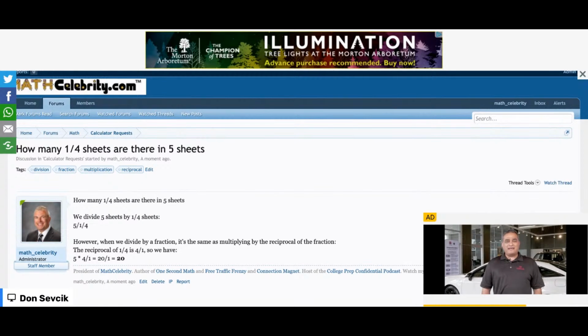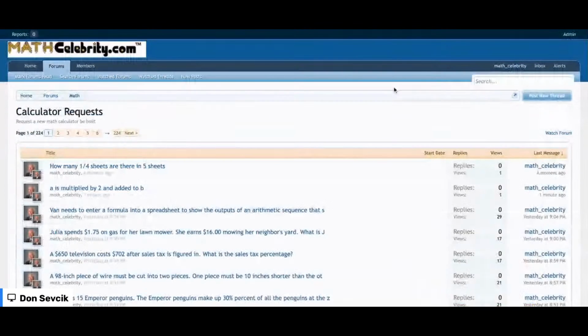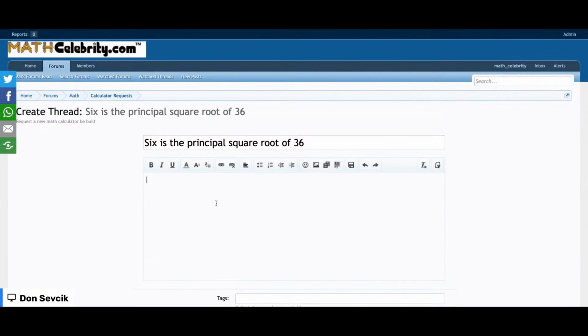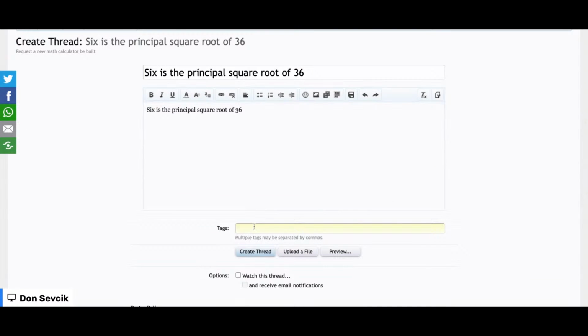This is a good one. Some of you know about square roots, but you don't know that they have special terms. So I'm going to do square root. The student or parent writes in, 6 is the principal square root of 36. The two square roots of 36 are positive 6 and minus 6.